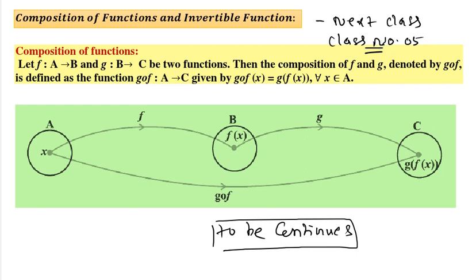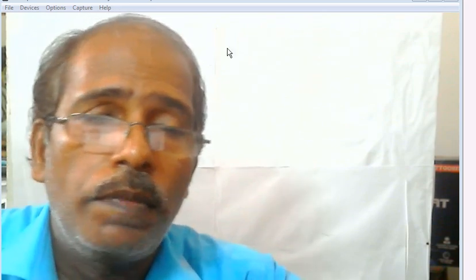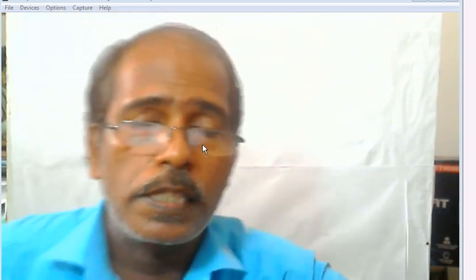So my dear students, in this session we have completed exercise problems 1.2 and we solved all those problems related to the types of function, one-to-one function and onto function. A function which is one-to-one and onto is known as a bijective function.